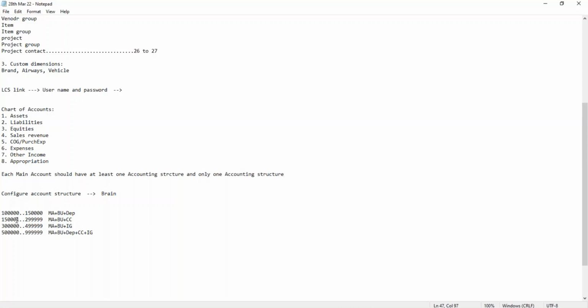Suppose I have created like this: 10002, 15000, 16002, 2999, 3002, 4999, 502, 9999. Then if I am posting to account 150200 in this structure, is this account there or not?